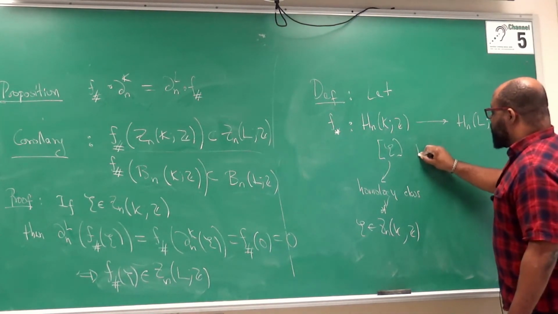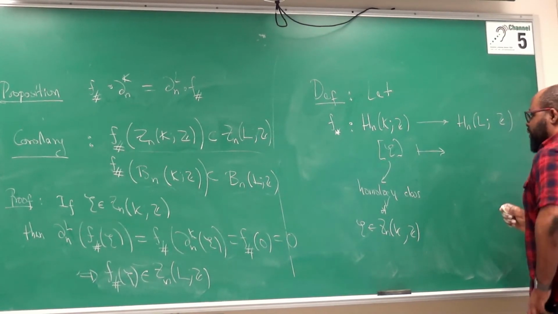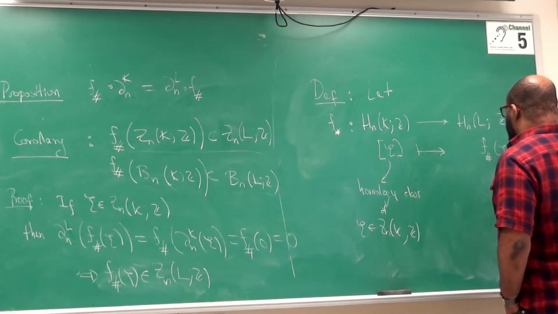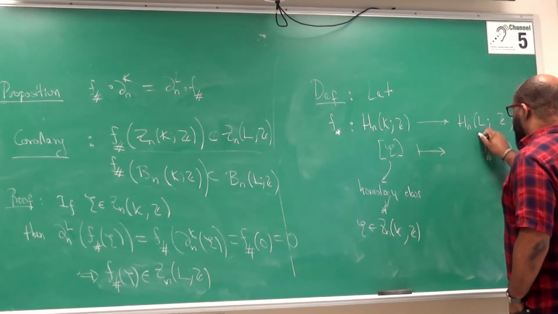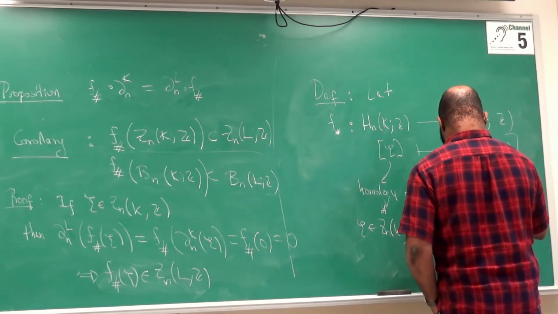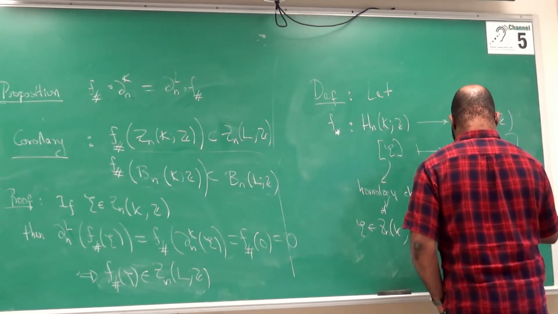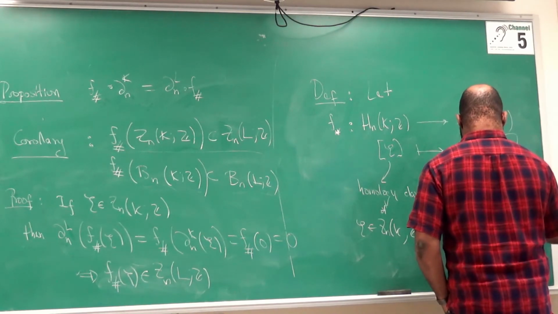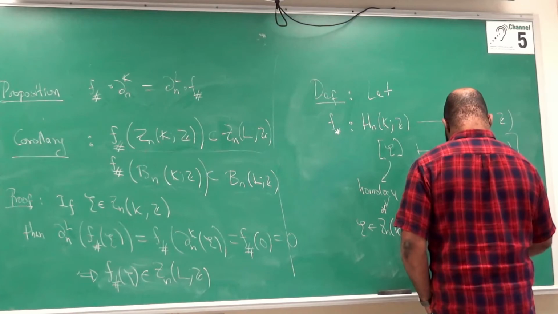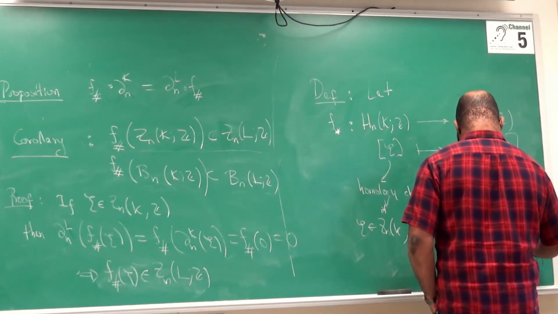So first, I apply sharp to zeta, and then I take its homology class in here. So this is the homology class of F sharp of zeta in L.